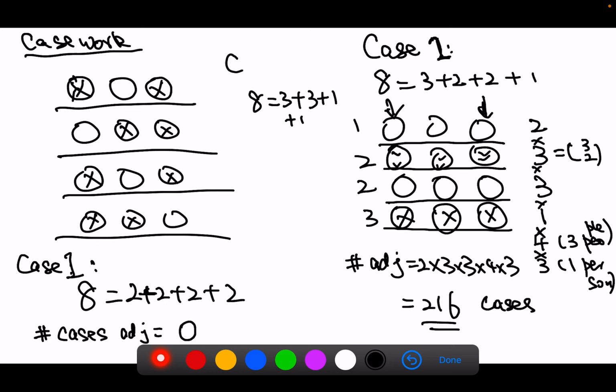So that's my case 3. I want to have all the cases listed out here before we do the actual calculation. So you can check to make sure I didn't miss anything, because there are just so many ways to write 8 as different numbers added together. What else? Well, one more case here is 8 equal to 3 plus 3 plus 2 plus 0.